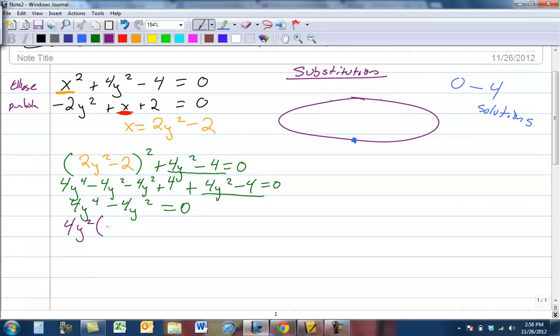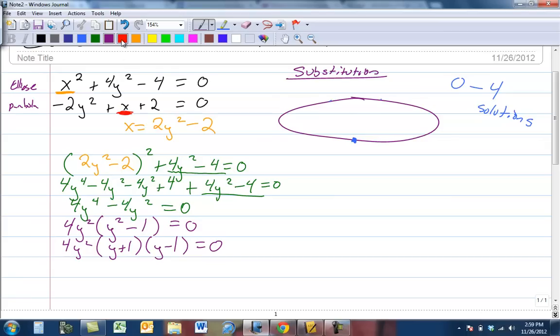Then we're left with y squared minus 4y squared divided by 4y squared, which is minus 1, equals 0. So we GCF'd. Now, what's left inside the parentheses, can that factor further? This is a difference of squares. This is 4y squared times y plus 1, y minus 1 equals 0.